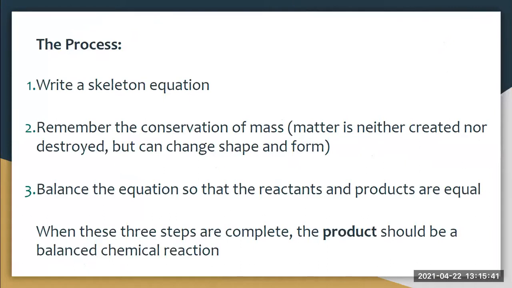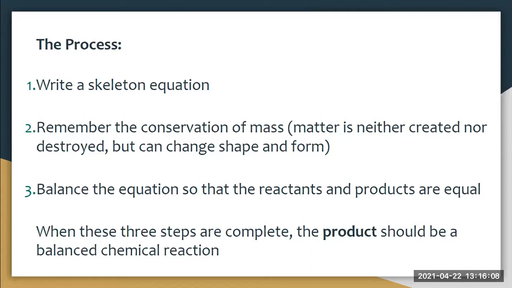And the big overview is the first thing you're going to have to do is write the skeleton equation. You cannot balance an equation without having properly balanced compounds, which is your skeleton equation. Then you're going to have to remember the conservation of mass, which states matter is neither created nor destroyed, but it can change shape or form, which basically means, as we know in a chemical reaction, things rearrange themselves.